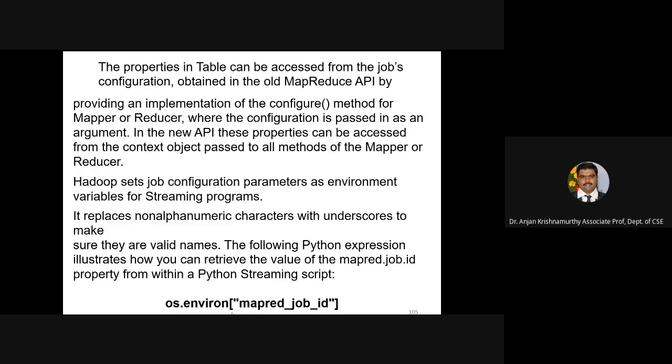So this is basically using non-alphanumeric characters replaced to ensure that the names are valid names. The job names are valid names, and this is set during the job configuration. You have a class called the job configuration class, where you have to ensure that the job ID created is valid.